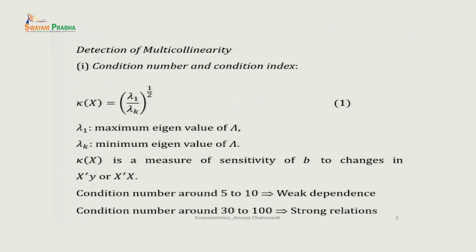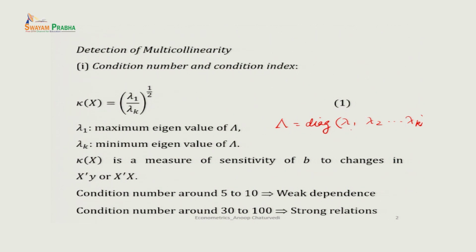The first measure is condition number and condition index. So, we define the condition number as, say, kappa x equal to (lambda 1 upon lambda k) to the power half. Here lambda 1 is the maximum eigenvalue of capital lambda. Actually, capital lambda is the diagonal matrix consisting of the eigenvalues of x transpose x.